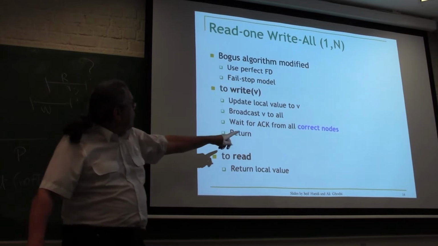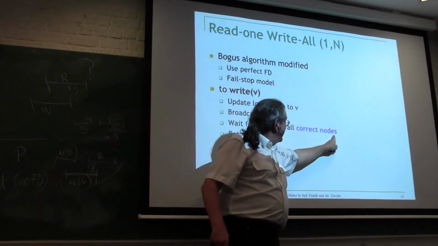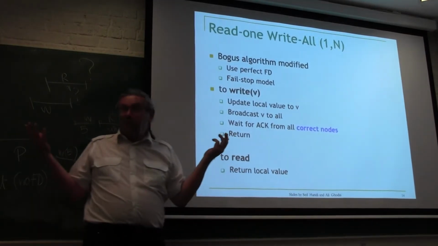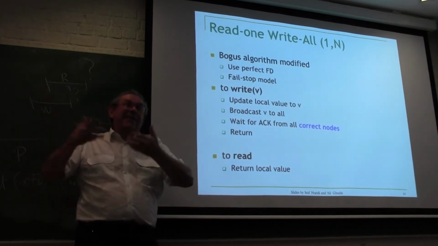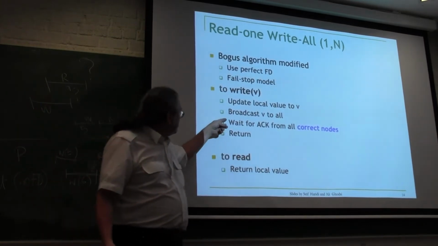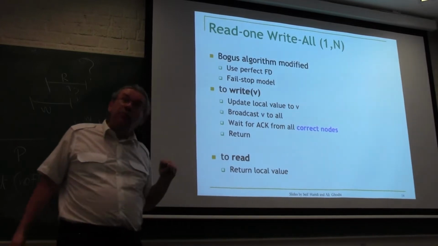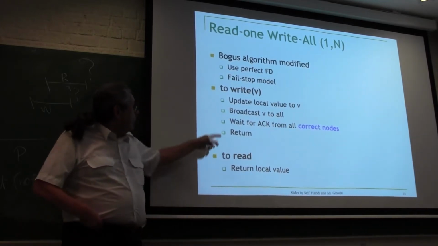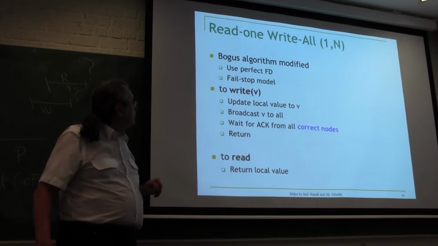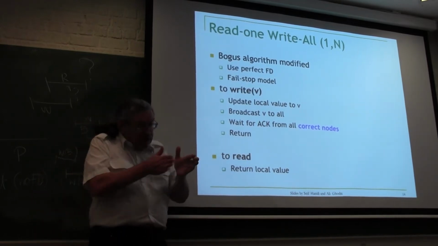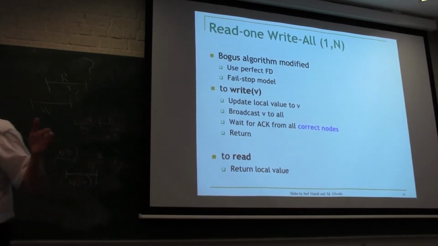This is why we need a perfect failure detector, because if a node failed, you can wait forever and nothing is going to come. So this will make sure that the wait actually terminates, and once you get that, you return. With this, the write will actually wait long enough, and then you will not have a problem anymore.